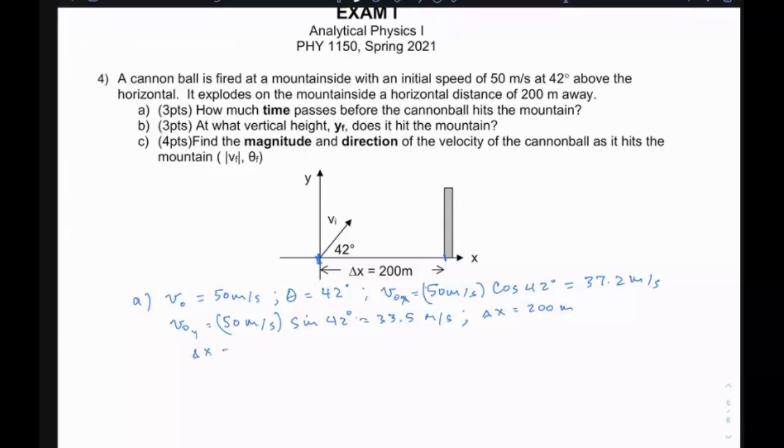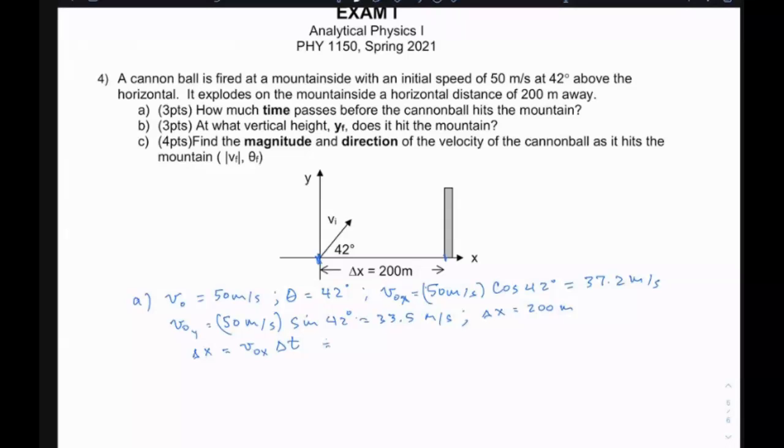Delta x is equal to v sub o x times the time interval, delta t. We know what delta x is, and we know what v sub o x is. And this v sub o x never changes. That's its horizontal velocity throughout its motion.